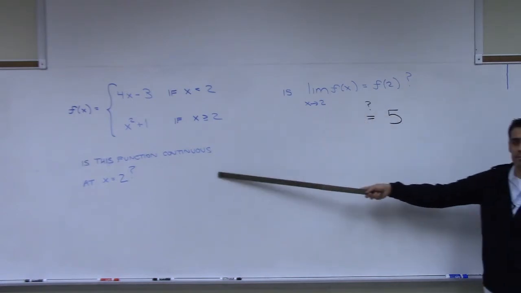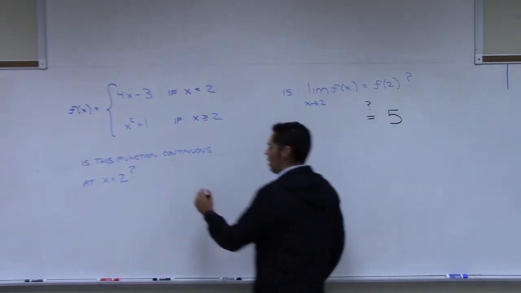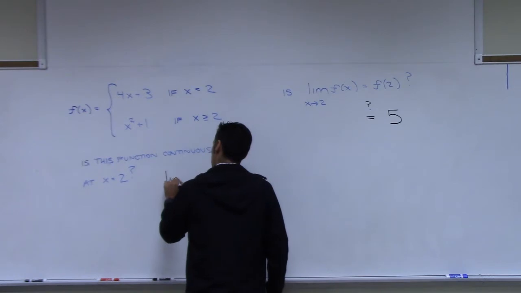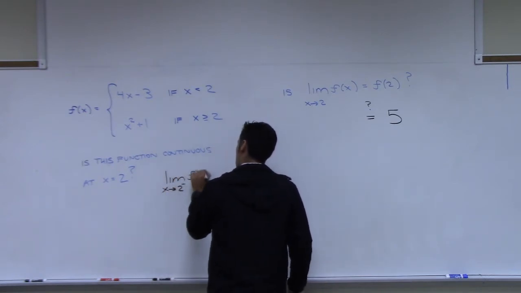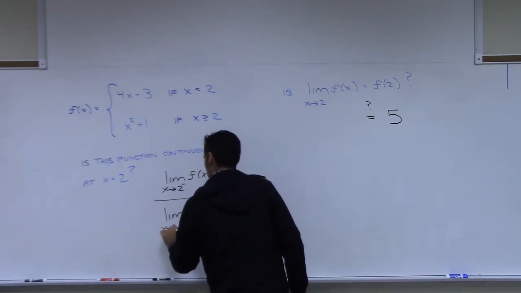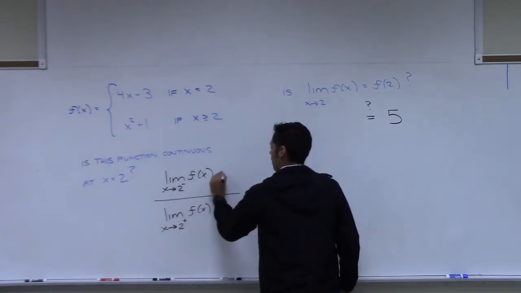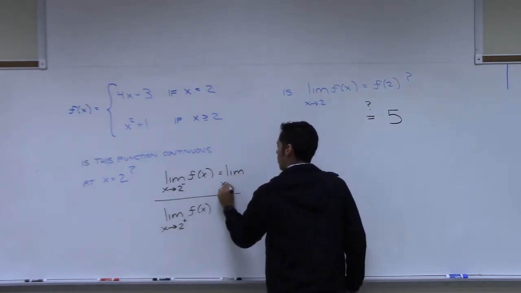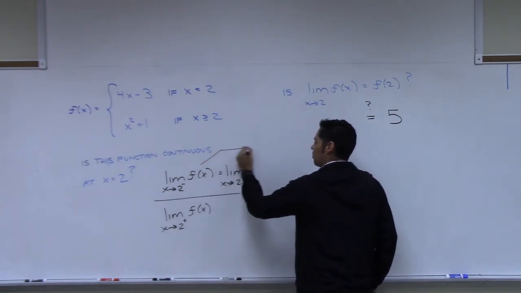I need to go check both the left and right hand limits to see whether or not they match. So let's try the limit as x approaches 2 from the left of the function, and let's check the limit as x approaches 2 from the right of this function. And when I do the first one, I need to replace f of x with something.